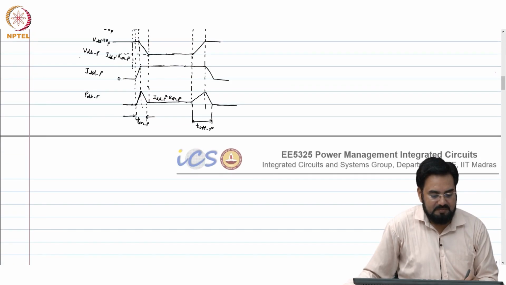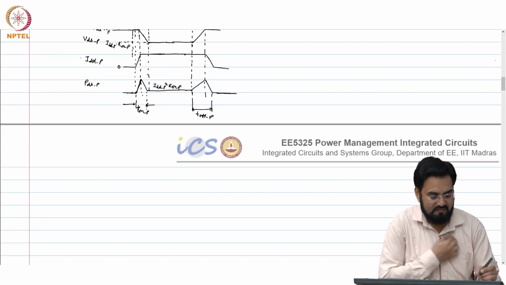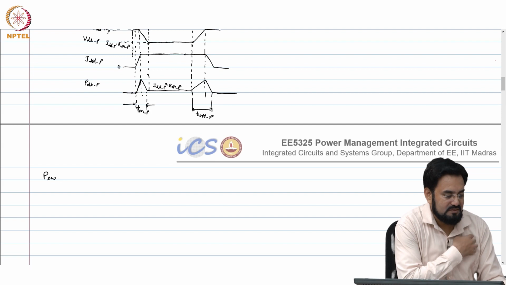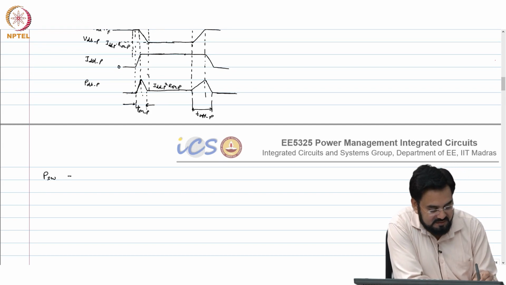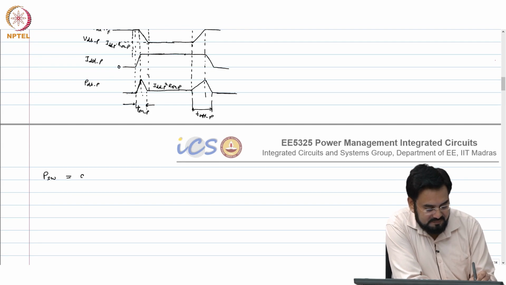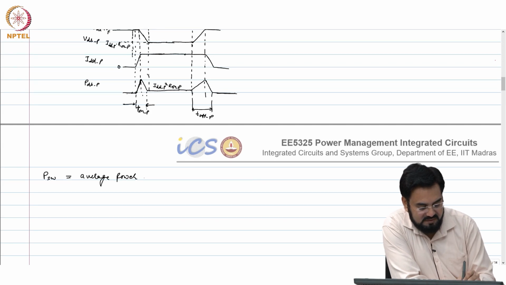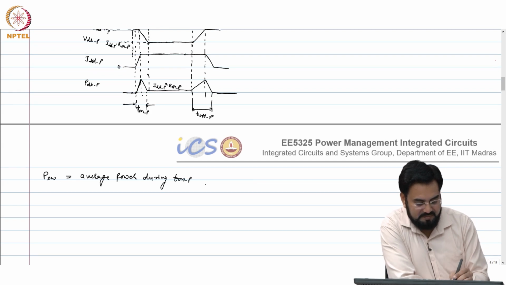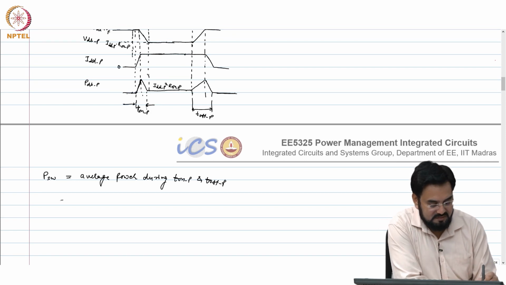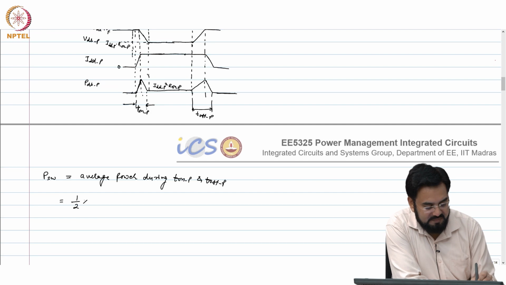So, what will be the total power? I am just calling PSW, which means switching power, is the average power during T on P and T off P. And this is simple, half base into height.